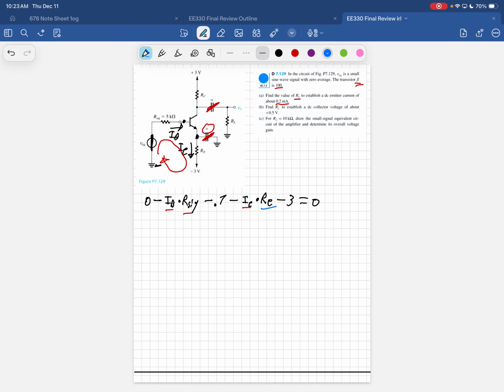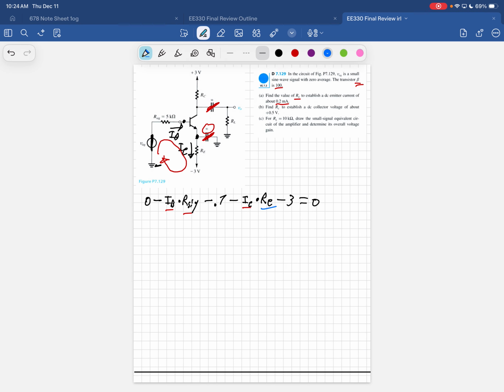So you just plug, solve, get RE. I'm just going to pull up the answers to try and speed this up a little. Yep, so you plug all that in.